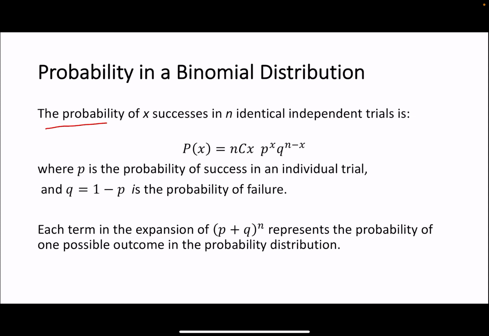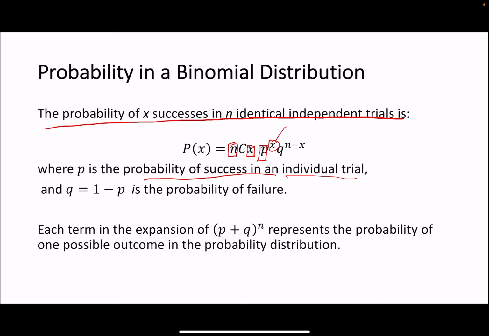The probability of X successes in N identical independent trials is, and let me explain this: N is the number of trials, 4 in the previous example. X is the number of successes. So it's N choose X, multiplied by p to the power of X, where small p is the probability of a success in an individual trial, so 4 over 7.